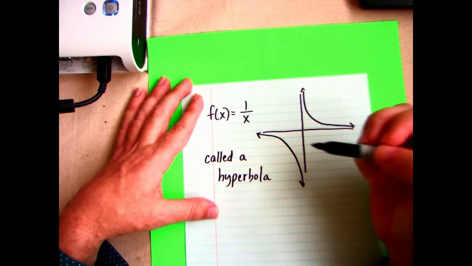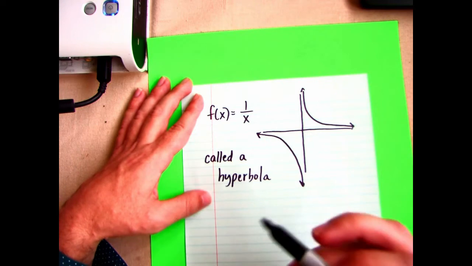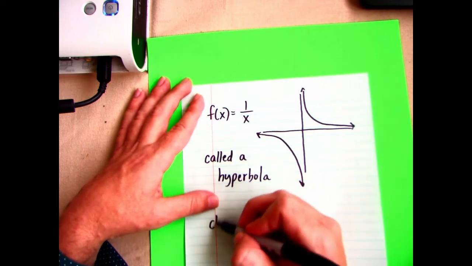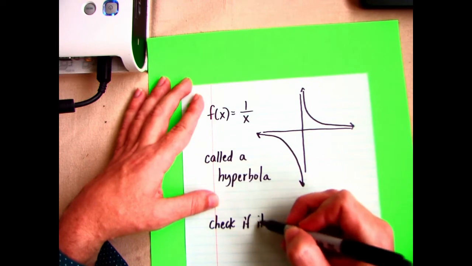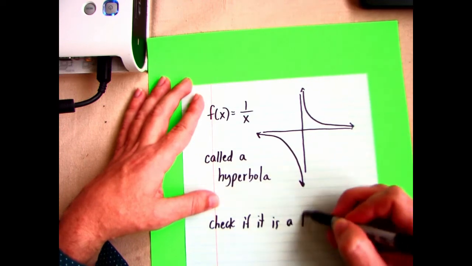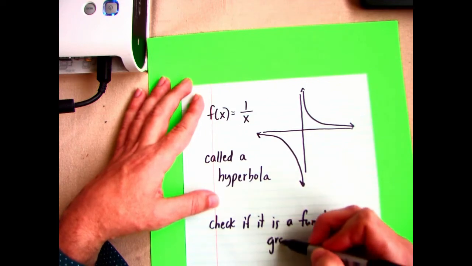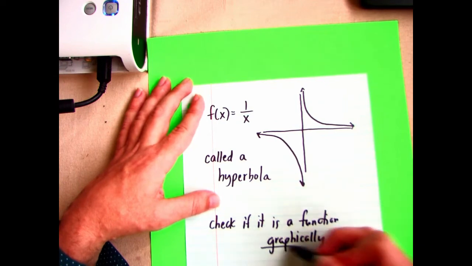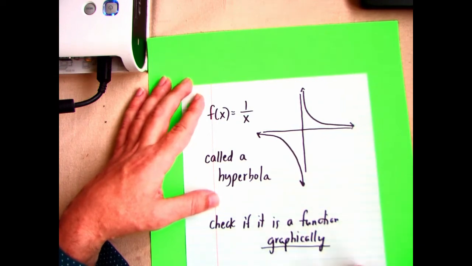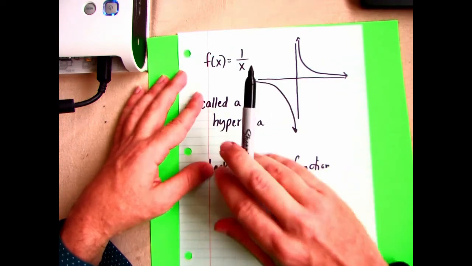And let's touch back on whether or not it is a function one more time. Earlier in the video, we said it was a function based on the fact that each input has one and only one output. But now let's check if it is a function graphically. We're going to do a graphic test. And how did we check graphically? Well, we used the vertical line test.